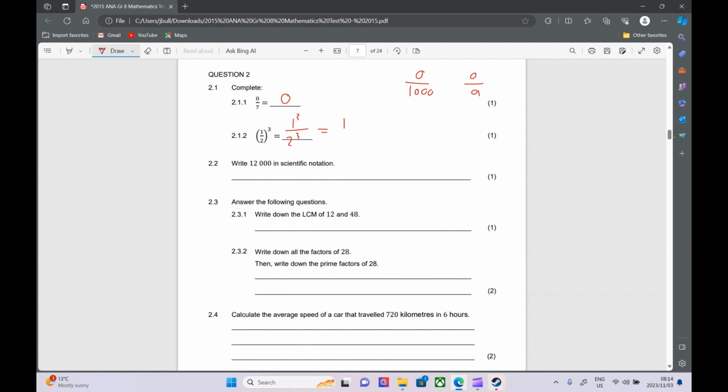Okay, and then we've got 44 over 12, take away 7 over 12, which is going to, remember when we're subtracting, the bottom stays the same. So the top 44 take away 7 is going to give us 37 over 12.